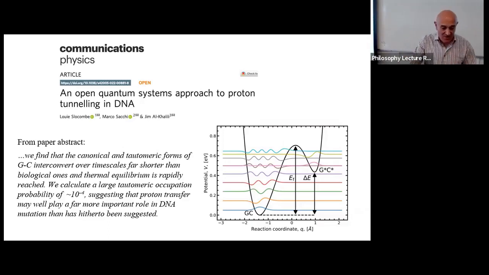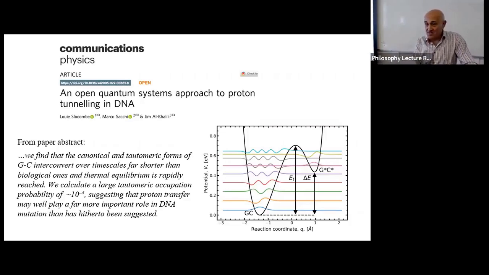So it reaches thermal equilibrium rapidly, and we calculate that the occupation probability in the shallow well is 1 in 10,000, which is huge. Previous estimates were like 1 in a billion, that the proton will be sitting on the wrong site when the strands separate, or at any given time. But we find it's much higher than that.